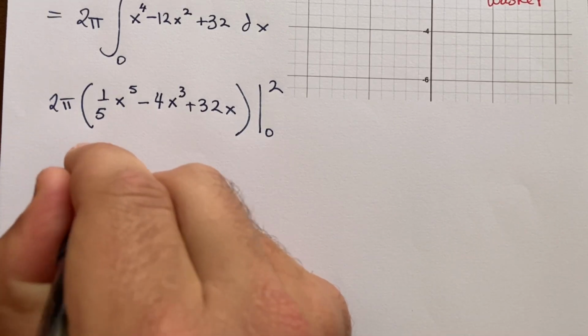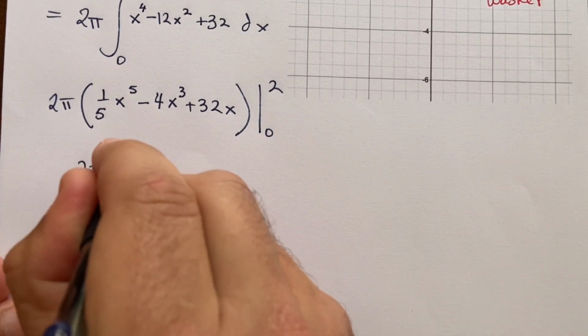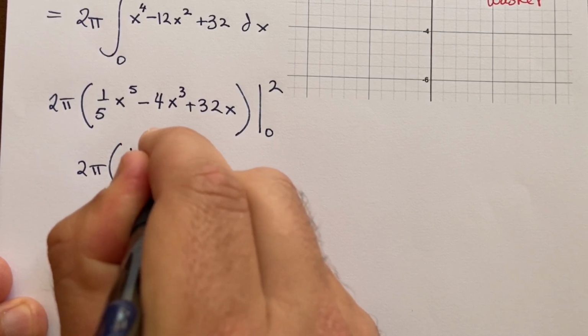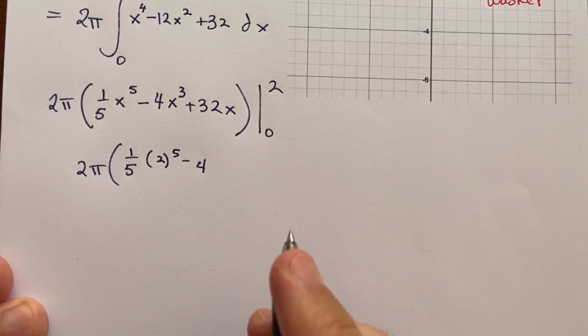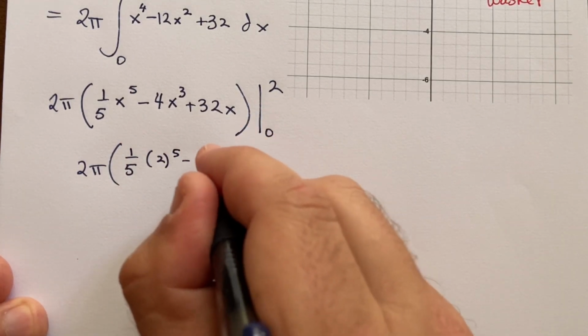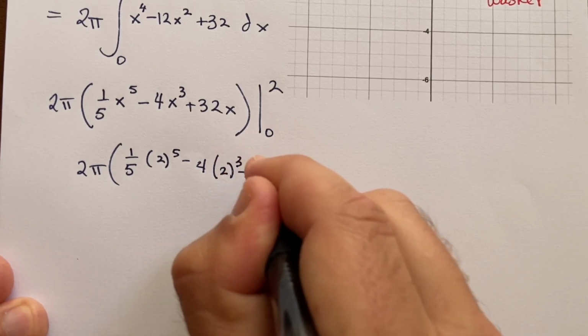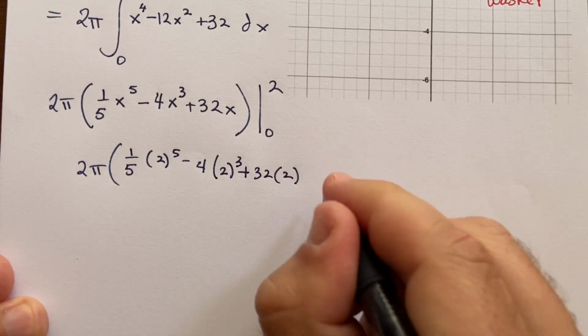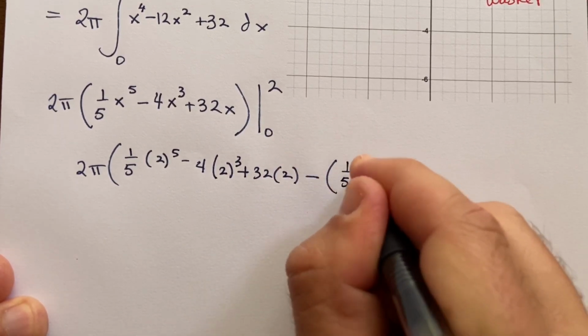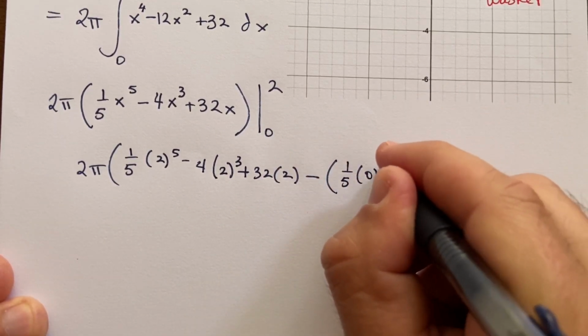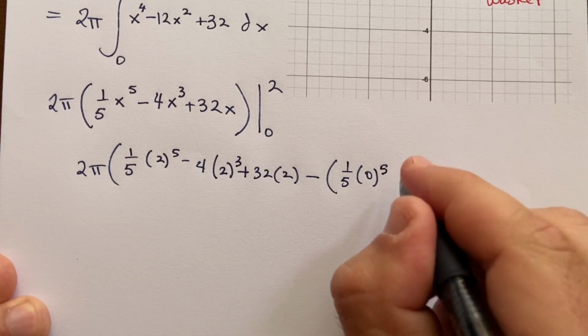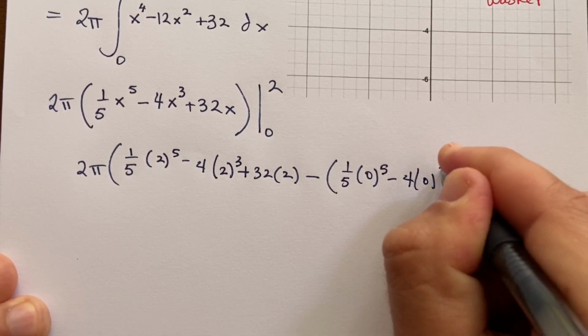So 2 pi 1/5. I'll just write it all out this time. So actually performing the part 2 of the fundamental theorem. Zero is not going to produce anything, but I'll just write it out.